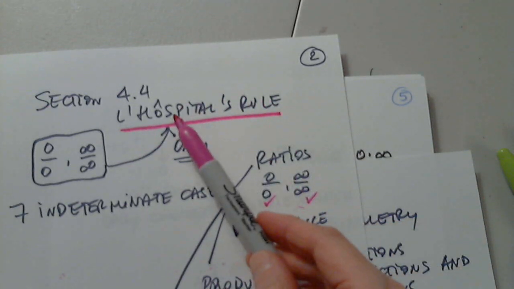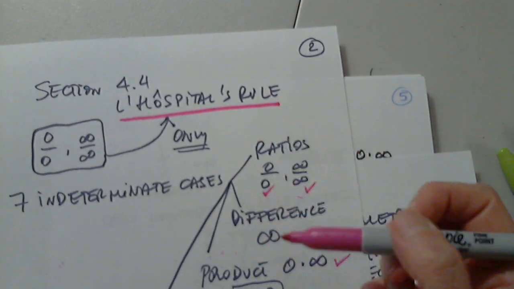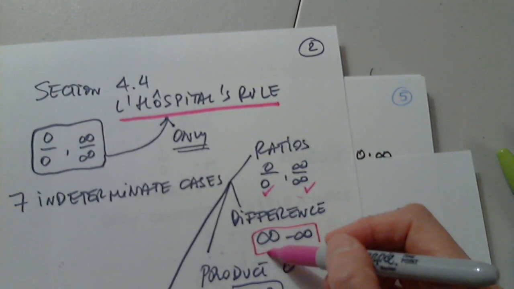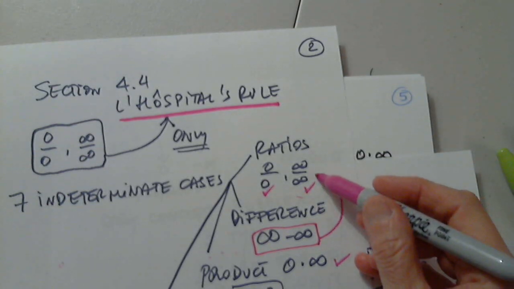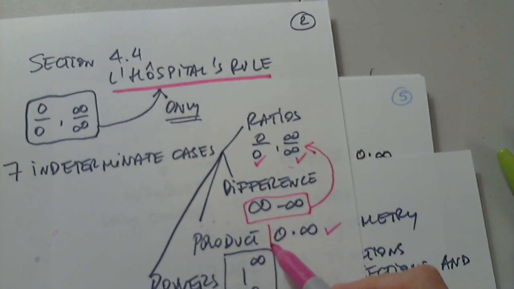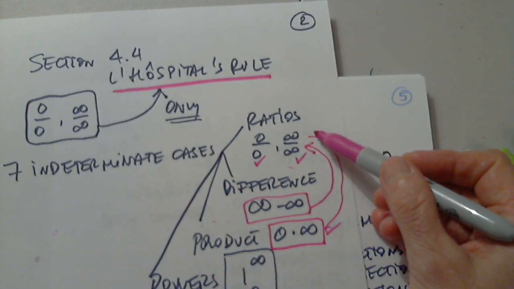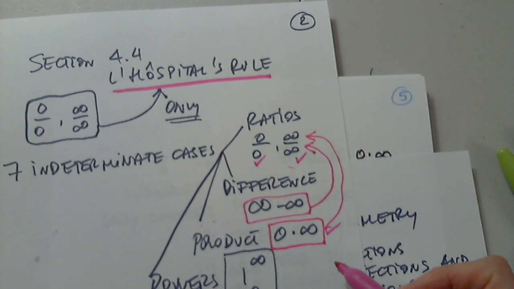In differences, we rarely use L'Hopital's rule, because we can use L'Hopital's rule only if I can change this into one of these two. Kind of impossible. But can I change this product into one of these two? Very easily. Let's see how we do it.